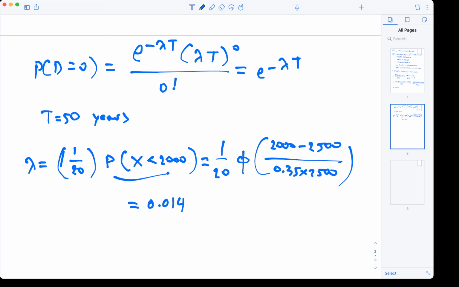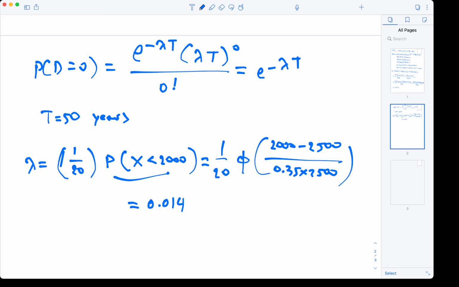So this 0.014 is the mean occurrence rate of damaging earthquakes for a building that has a capacity to withstand an earthquake of 2,000 tons, or less than 2,000 tons, of course, if the earthquake is of that magnitude.